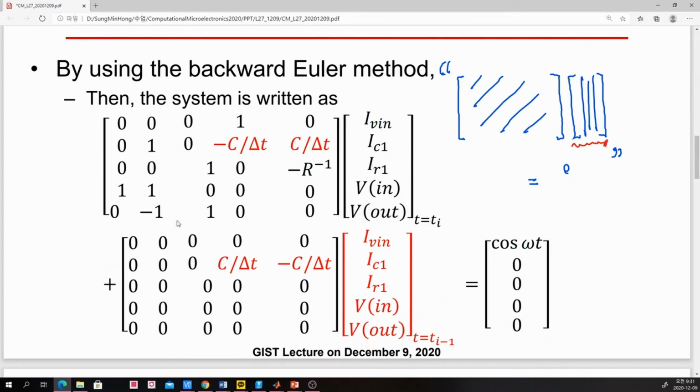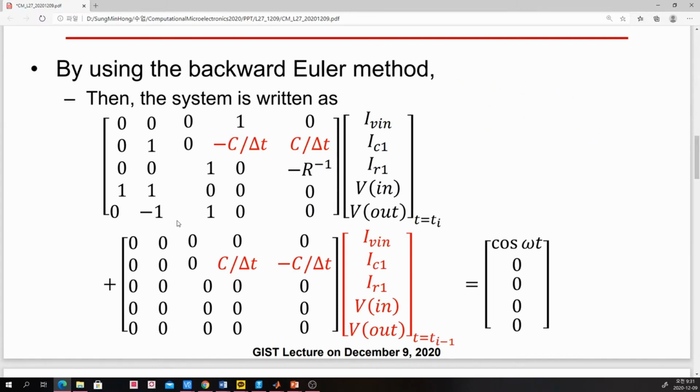So we have spent quite a long time on that, but the main message is quite simple. When you have a time derivative, just express it as a difference between the present time value and the past time value.